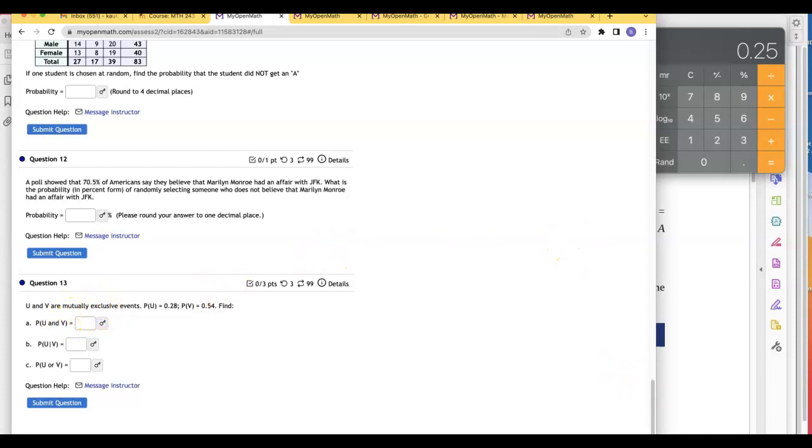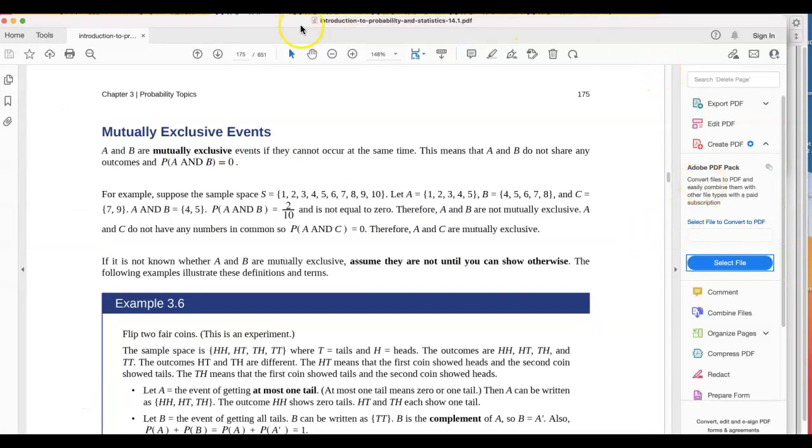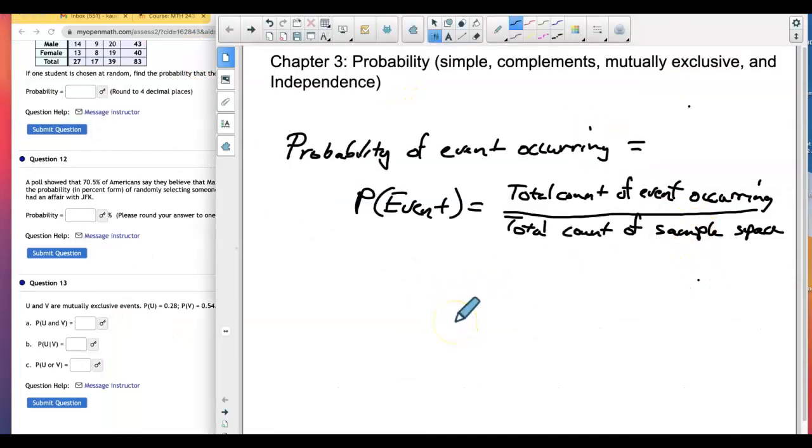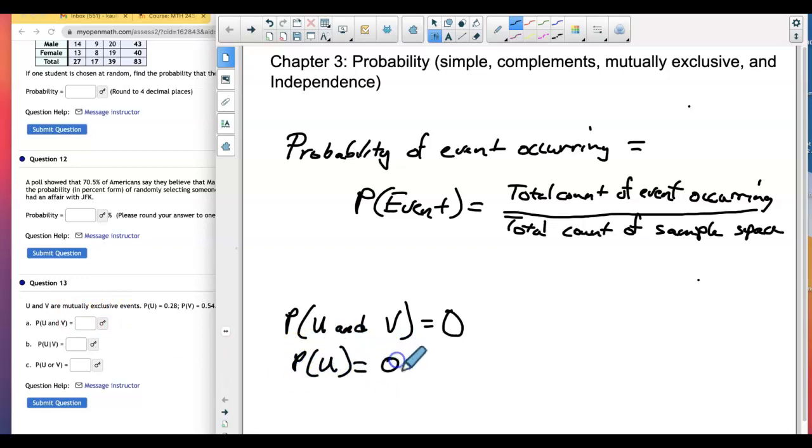So what we know on this one is that P of U and V is going to equal 0 because it says it's mutually exclusive. We know P of U equals 0.28 and P of V equals 0.54. So if we're going to do these things, we're going to use formulas.